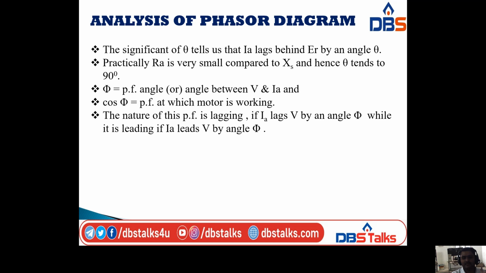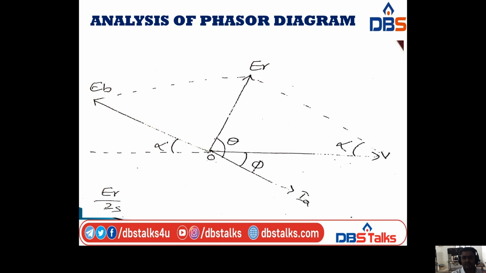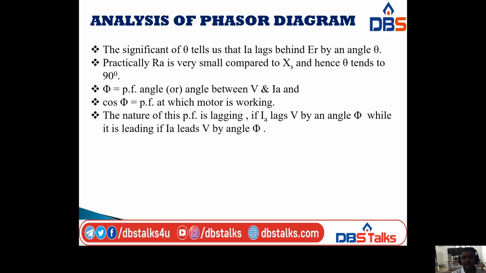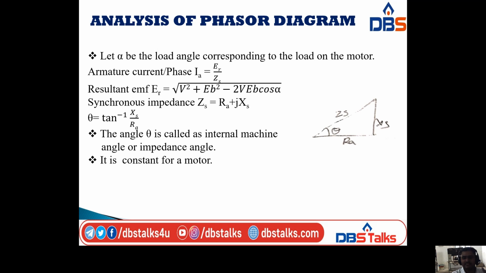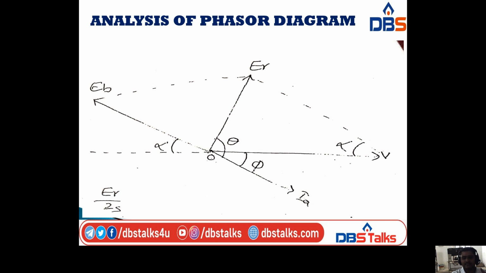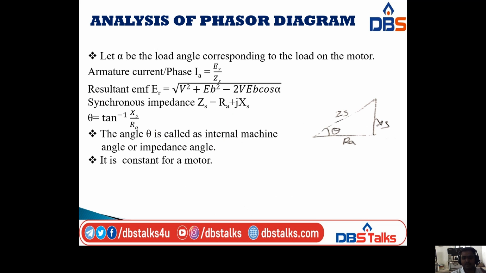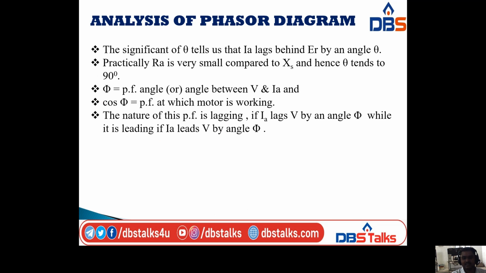Phi is the power factor angle, or the angle between V and Ia, and cos phi is the power factor at which the motor is working. The nature of this power factor is lagging, as I already said in this phasor diagram, because Ia lags V by an angle phi.